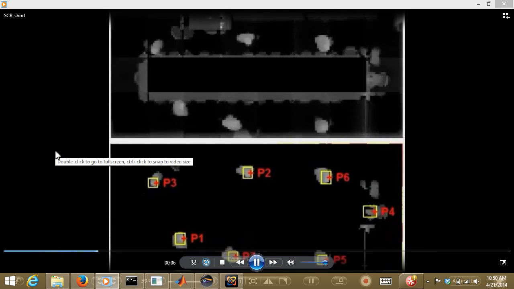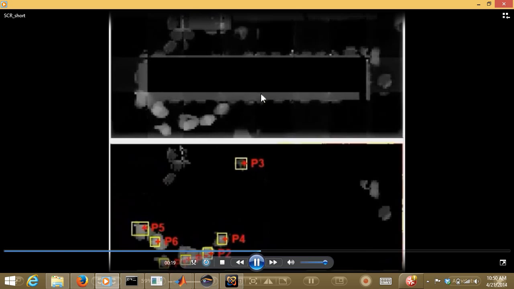So on the top, you see the raw output of the time-of-flight sensors. You can see there's actually a bit of noise in the sensors. For example, here on the table, you can see this wavy pixelated noise. Same here, this is a TV screen that is casting extra light into the scene. So the sensors themselves are pretty noisy, but if you look at the tracking results, they're good enough to track the various people as they move around the room.